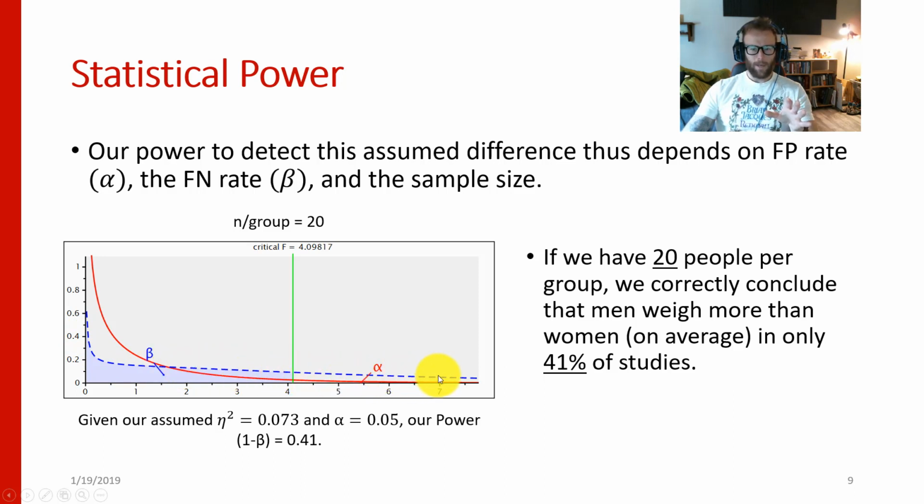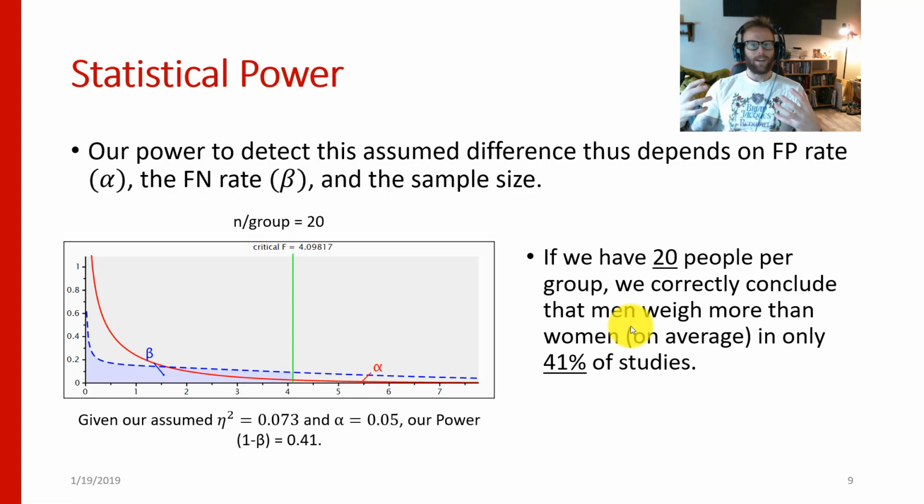So it looks a little bit better, but you can still see that most of this blue distribution is to the left of the F critical value, which means that our beta, or our chance of a false negative, is now about 59%. 59% of this distribution is still below the F critical value, so we now only have a 41% chance of detecting this difference, assuming that our assumptions about the effect size are correct. So it's a better situation, but if we have 20 people per group, or 40 people total, we're still only going to correctly conclude that men weigh more than women in about 41% of studies.